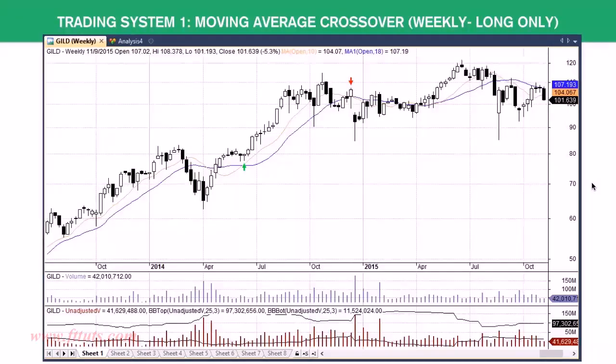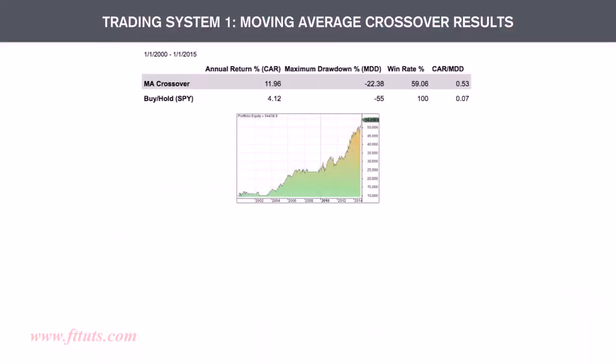So, running the simple trend following system on the S&P 1500 universe returned 11.96% annually between the 1st of January 2000 and the 1st of January 2015, and we got this result with a maximum drawdown of only 22%. And this compares favourably with a buy and hold return of 4.12% with a drawdown of 55% on SPY, which is an ETF that represents the S&P 500 index.